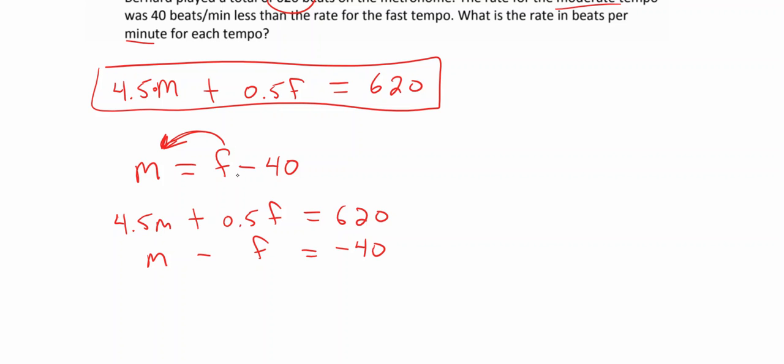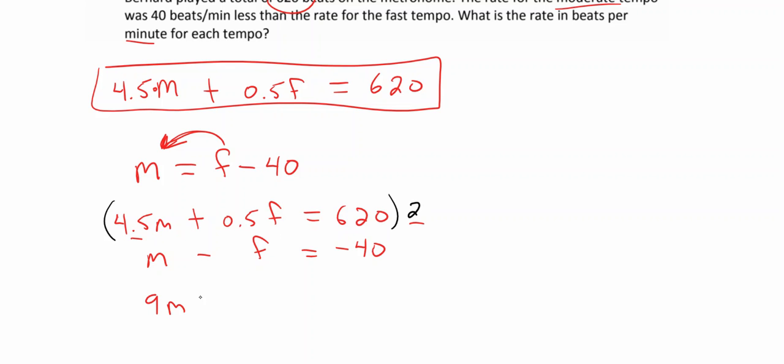I think the easiest thing is, if this is 0.5 right now, what if we multiplied everything by 2? If I multiply this by 2, that gets me to 1 for my F, and then I can cancel those. So 2 times 4.5 is 9, which is nice too. Now we're done with that decimal.